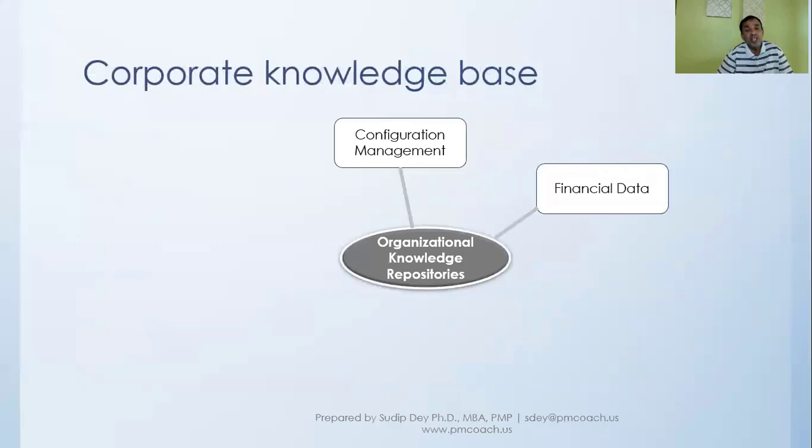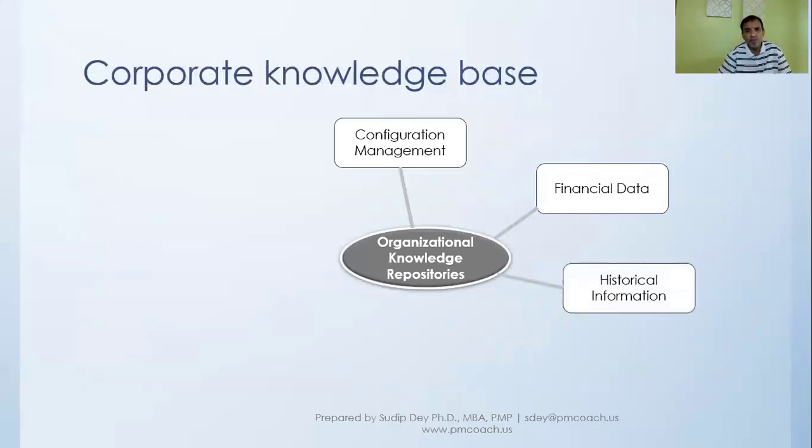There might be financial data in the corporate knowledge base. For example, what is the daily rate? Or what is the hourly rate? Or, if you're funding, what interest rate is expected to apply? And so different financial data will be available that you can readily use as you go through the project.